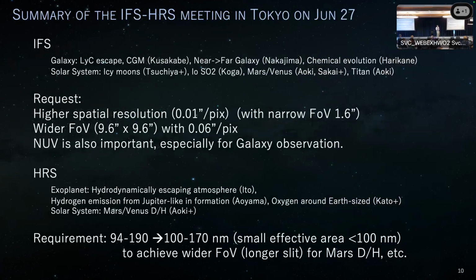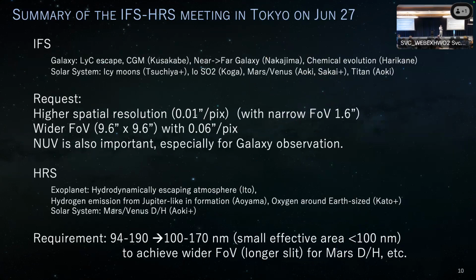We had a meeting last month about the IFS and HRS in Japan, and there are several requests from the galaxy people and the planetary science people. The request is to get a higher spatial resolution, even with a narrow field of view, while others say that we need a wider field of view, even with a lower spatial resolution.